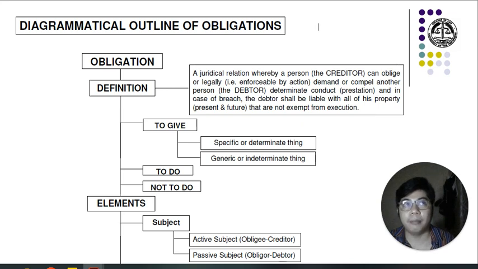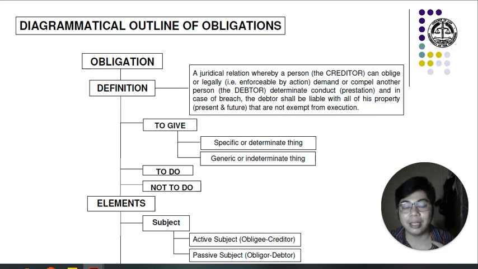So let's say there was an oral contract of debt. It will prescribe in 4 years. It means, class, na kung wala nimo siya gisingil, you did not demand sa utang sa imong receivable for 4 years if you are the creditor, then if you would file a case for the collection of the money, your filing is already beyond the 4 years from when the debt was contracted.